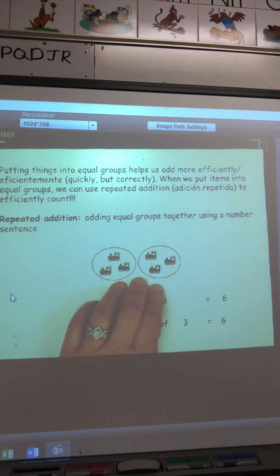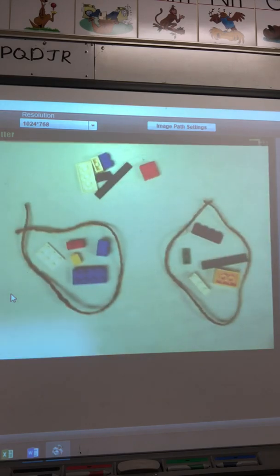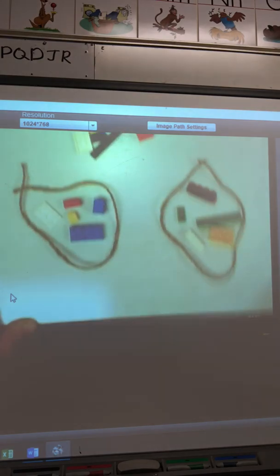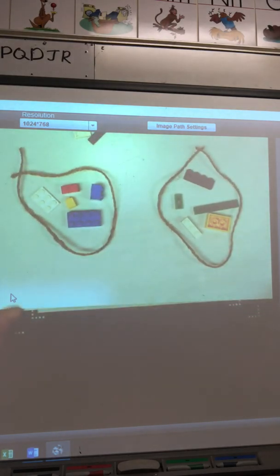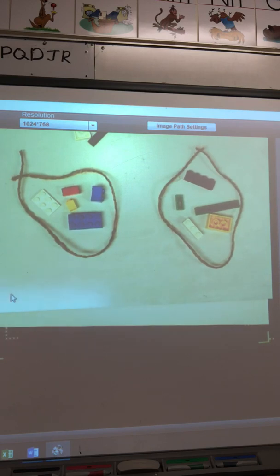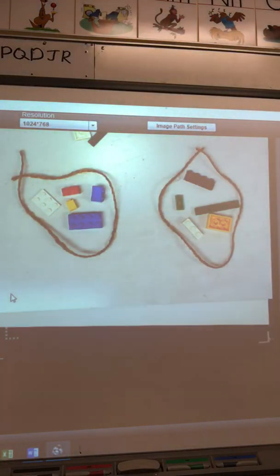Well, let me show you what it looks like on my groups that I made. Okay. So I had 2 groups of Legos. Here we go.